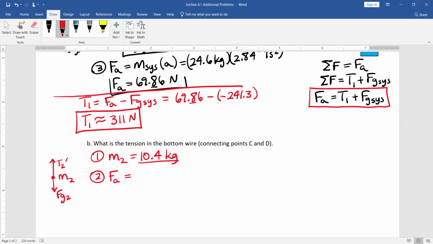That is the mass M2 times the acceleration of the system. So 10.4 kilograms times 2.84 meters per second squared means that the force caused by the acceleration is 29.53 newtons.